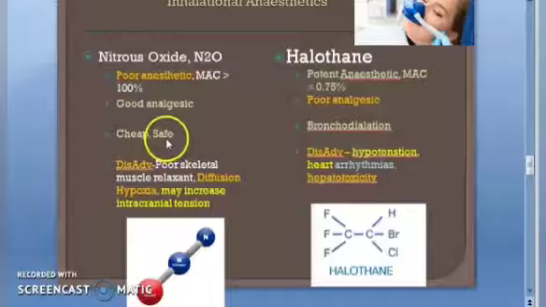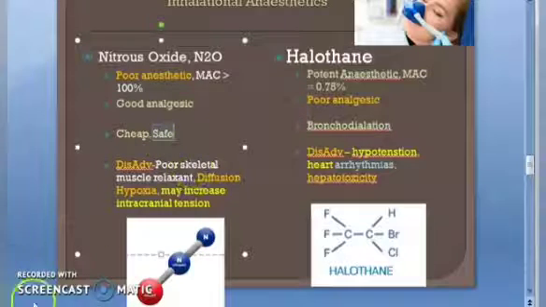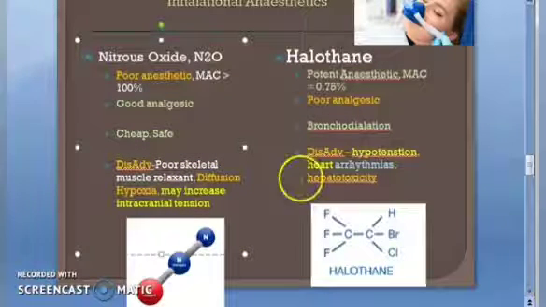Other advantages: nitrous oxide is cheap and safe. However, it is a poor skeletal muscle relaxant.